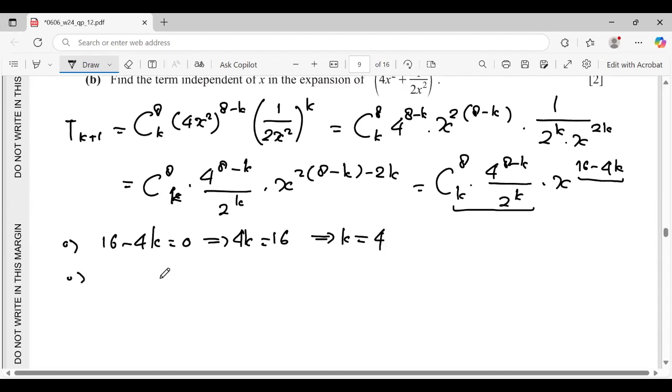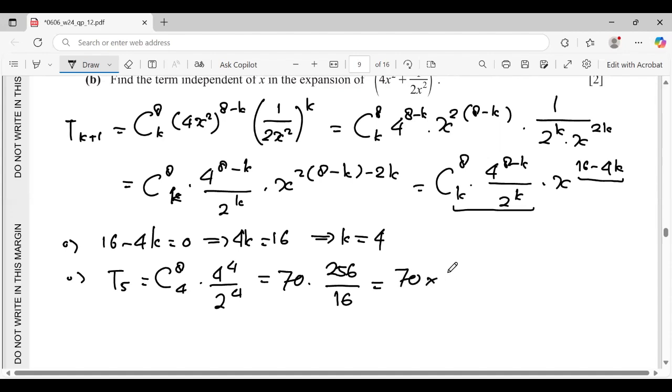After that, we compute the coefficient of x to the power 0, that is T5. So T5 equals the combination 8 4, 4 to the power 4 over 2 to the power 4, which is 70 times 256 over 16, equals 70 times 16. The result is 1120.